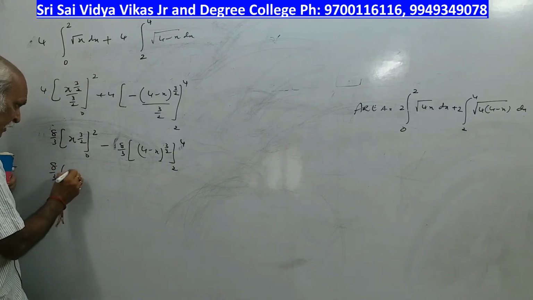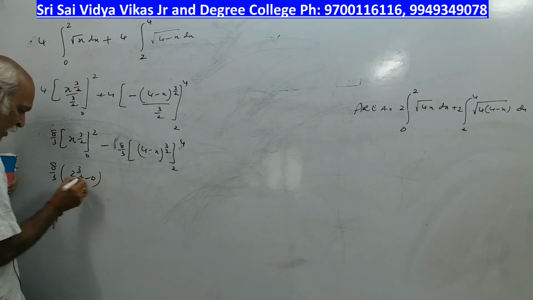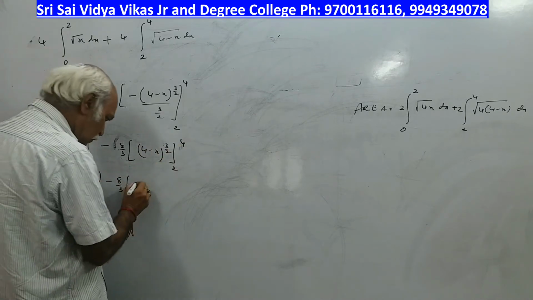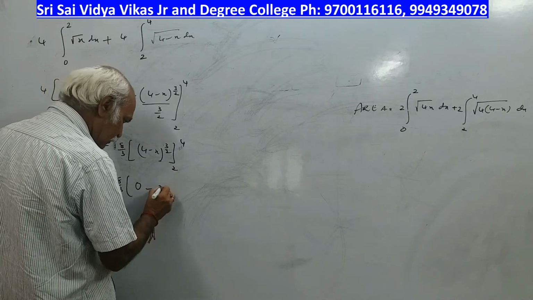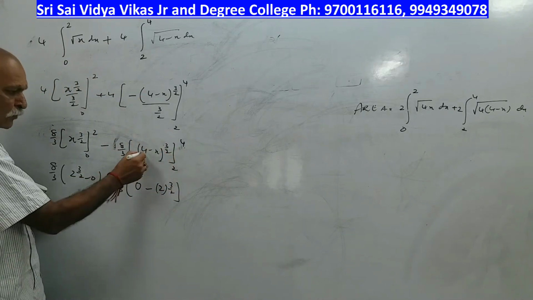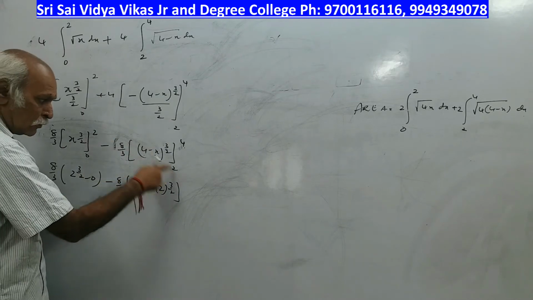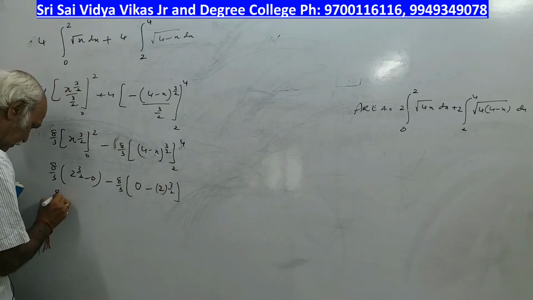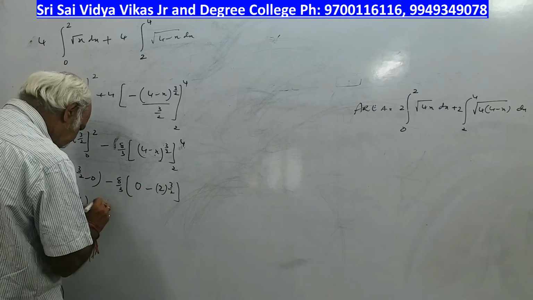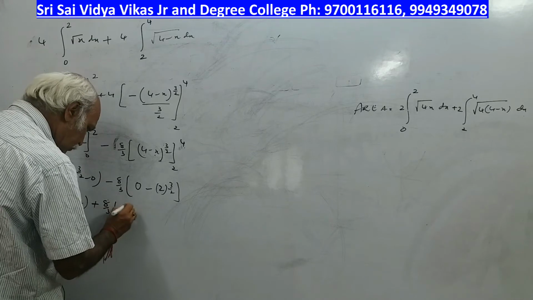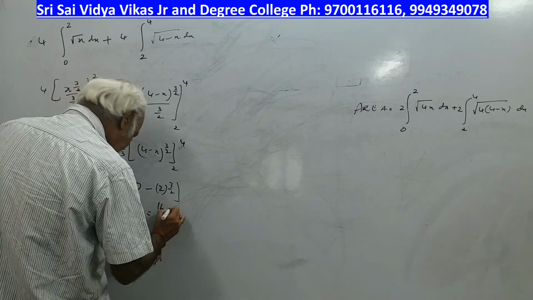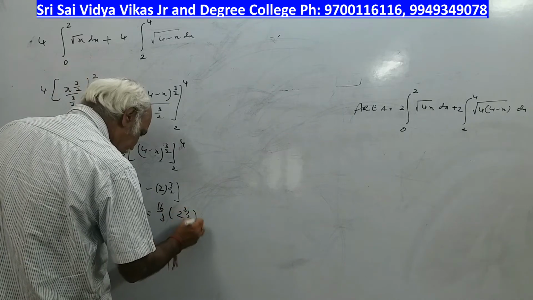So 8 by 3, 2 power 3 by 2 minus 0, here minus 8 by 3, upper limit is 4, so it becomes 0, lower limit is 2, 2 power 3 by 2. So what I have done, upper limit is 4, 4 minus 4 it becomes 0, so lower limit is 2, so this becomes 8 by 3 into 2 power 3 by 2, minus of minus is plus 8 by 3, 2 power 3 by 2, so this becomes 16 by 3, 2 power 3 by 2.